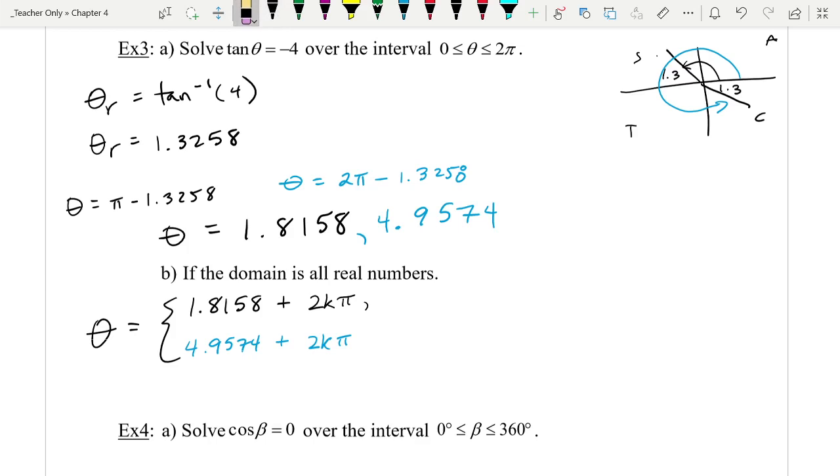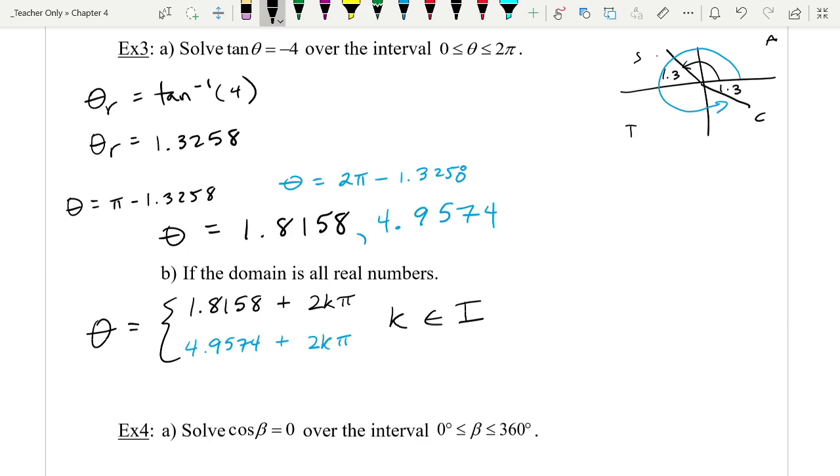I guess I don't really need a comma here. And then k is an element of integers.